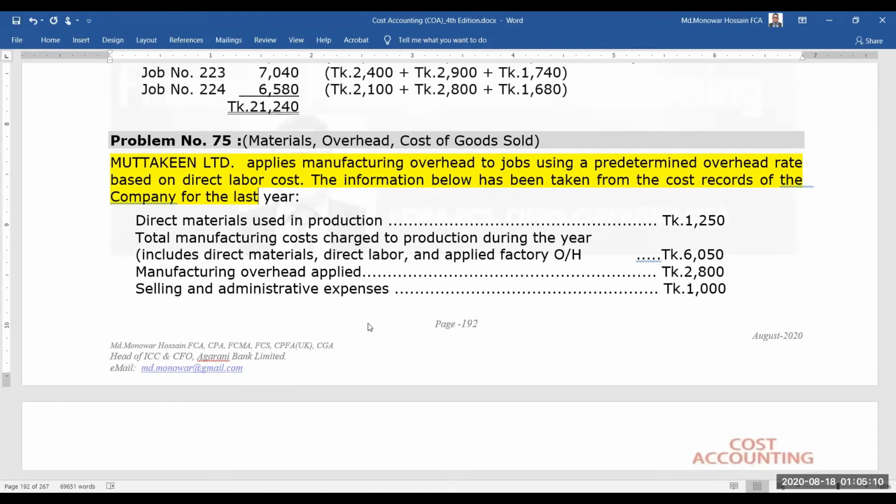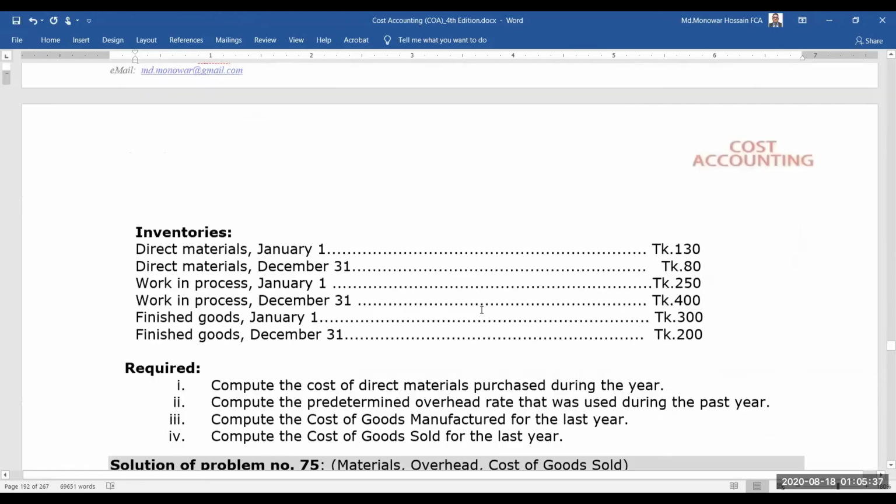Problem: material, overhead, cost of goods sold, we will find out from here. So Muttikin Limited applies manufacturing overhead to jobs using a predetermined overhead rate based on direct labor cost. The information is taken from the cost record of the company for the year ended. Direct material used in production 1,250, and total manufacturing cost charged to production 6,050, manufacturing overhead applied 2,800, selling and admin expense 1,000.